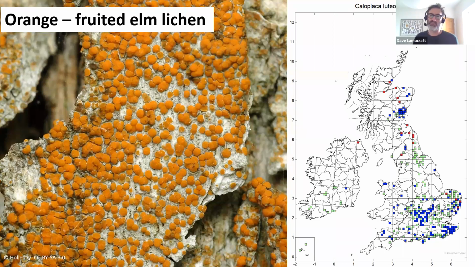Now, the decline was underway, probably partly as a result of the earlier episodes of Dutch elm disease, but also it's taken a hit from air pollution. So that decline was probably underway up to the 1970s, but it really got going in the 70s and 80s through the loss of elm to Dutch elm disease. And now it's an incredibly rare lichen.